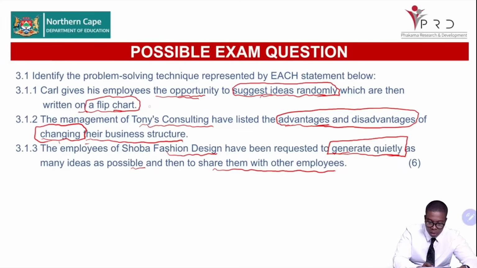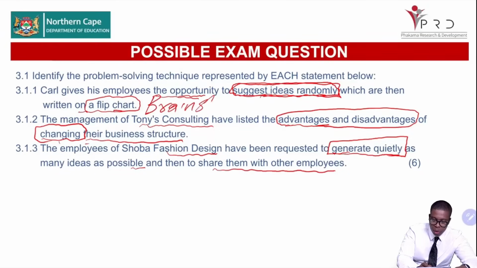So now, when you look into it, the only problem-solving technique that talks about suggesting ideas randomly is called brainstorming, because during brainstorming, the business is looking for new ideas. Therefore, they may not limit their employees in terms of suggestion of ideas, so they need them to give ideas randomly.